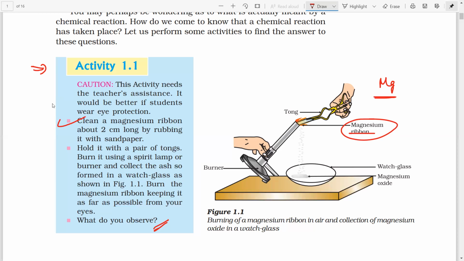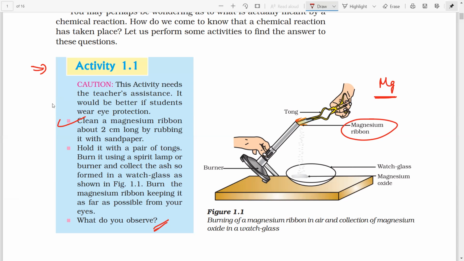That's all. And then what do we do? They're asking us to hold it with a pair of tongs. What is a tong? This kind of scissor-like thing over here, that's what is called a tong. So when you go to your school, and if you get a chance, you will be able to see this. Okay.